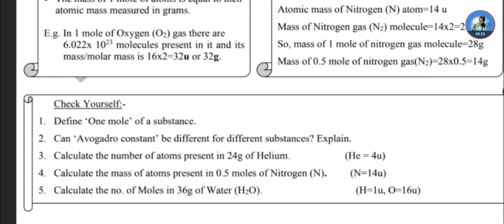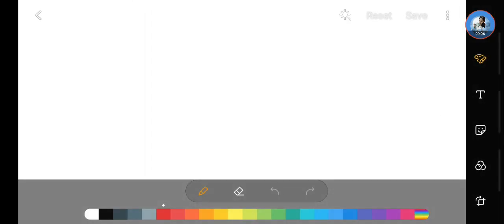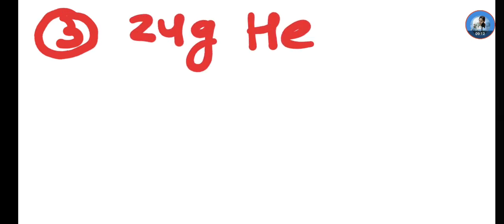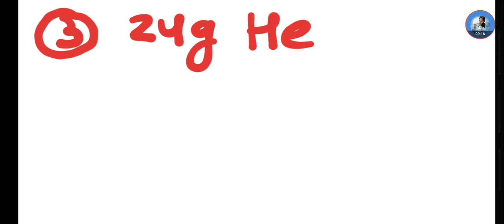Third question is calculate the number of atoms present in 24 gram of helium. We have to find the number of atoms.